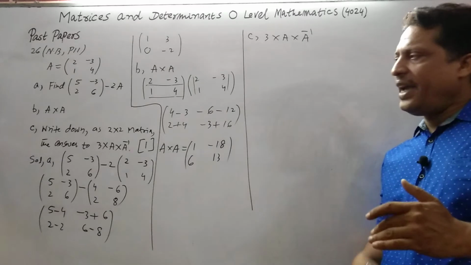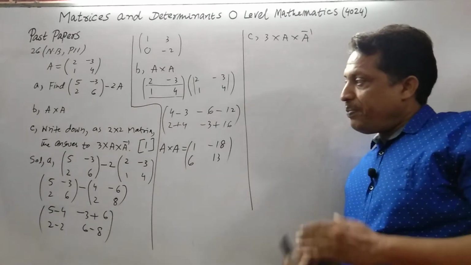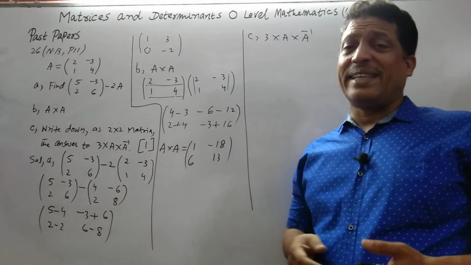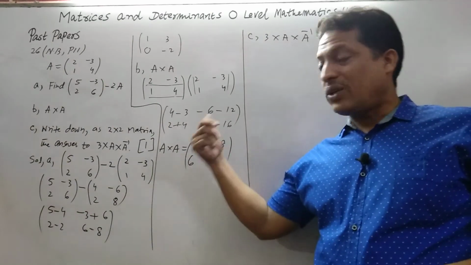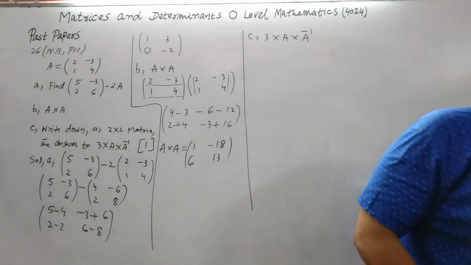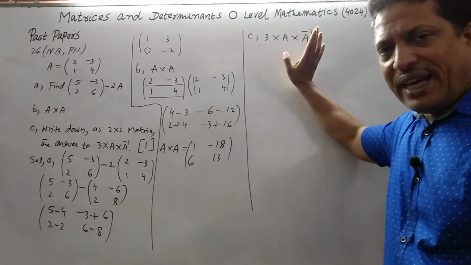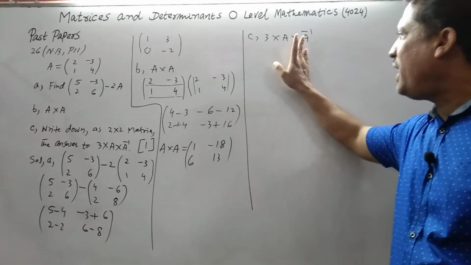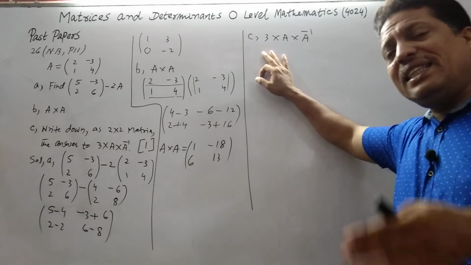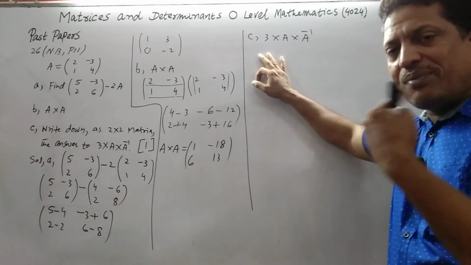You know why marks are given in the paper? Because marks decide how much work is required for the given part. So this part has only 1 mark, and if we apply the method of finding A inverse, multiplying by A, multiplying by 3, we will get the correct answer, but only 1 mark.